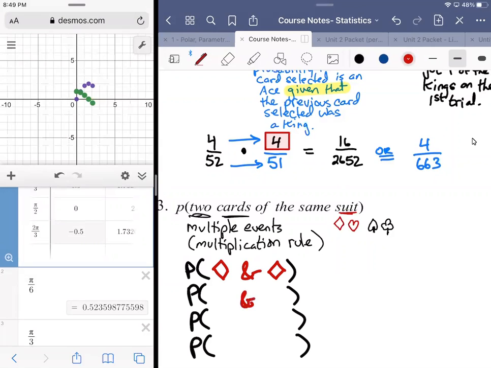Get my ampersands. A heart and a heart. A spade and a spade.